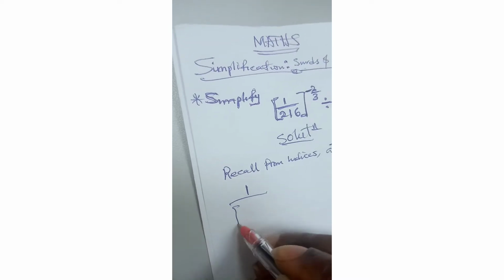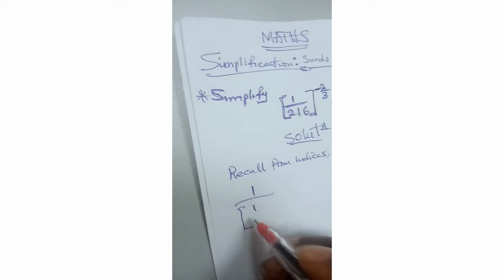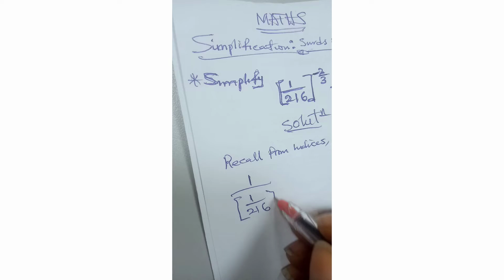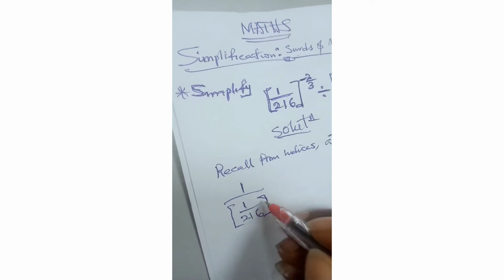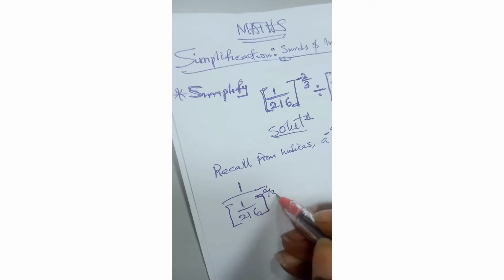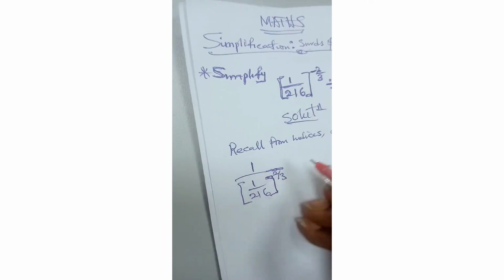In that regard, you'll be having 1 over, then 1 over 216, everything in brackets, and remember, it's going to carry that 2 over 3. The same thing we did here.